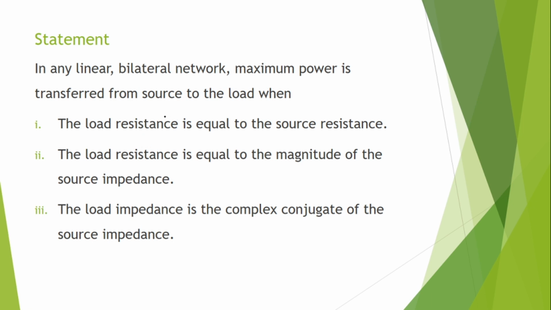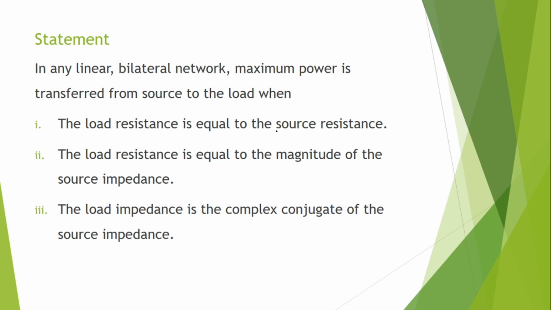Now this condition, load resistance is equal to the source resistance, means here the source as well as the load and the network are purely DC circuit. So the network with the load, both are DC components.